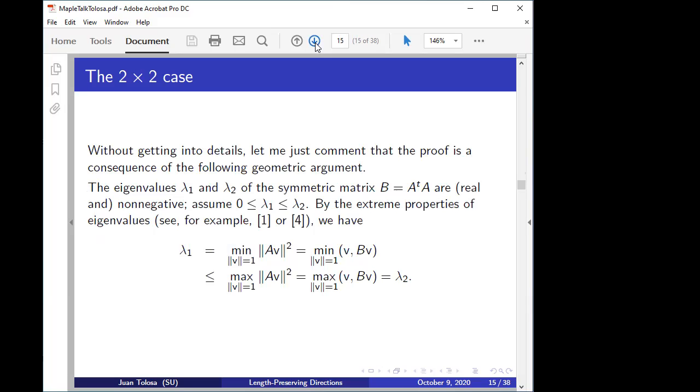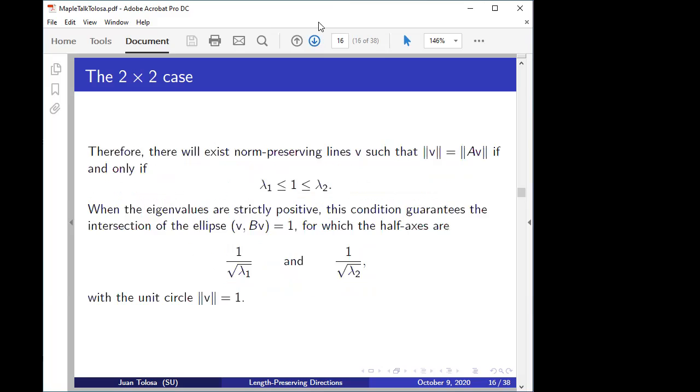If you call lambda 1 and lambda 2 the eigenvalues of the symmetric matrix B and order them, then the extreme properties of the eigenvalues tell us that the smallest eigenvalue is the minimum of the values of the dot product of V with BV for unit vectors, and lambda 2 is the maximum.